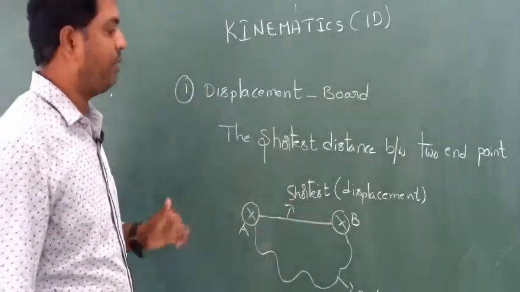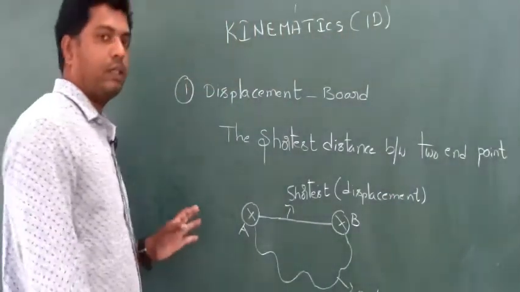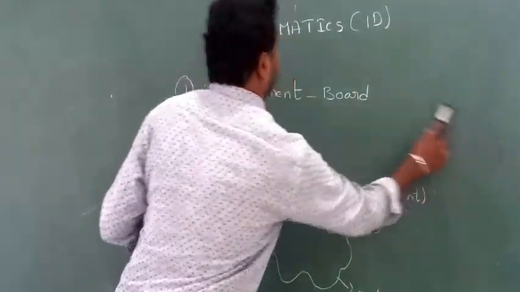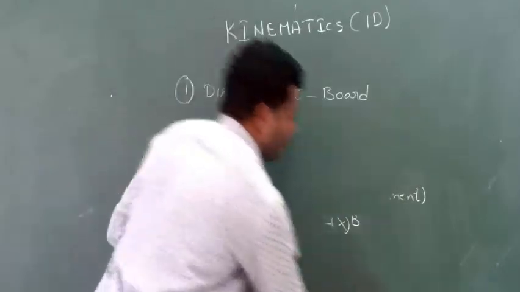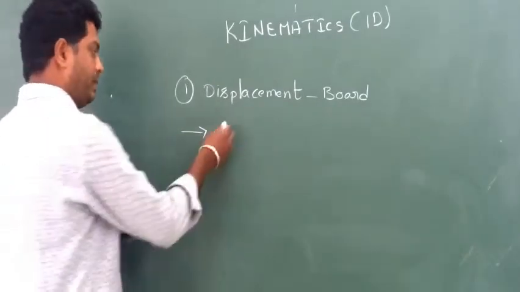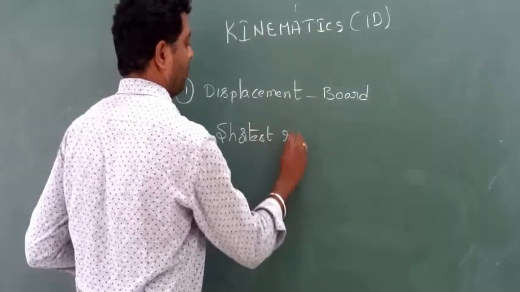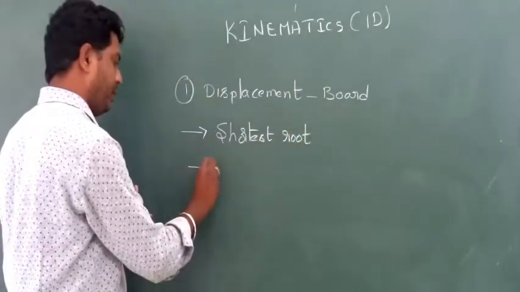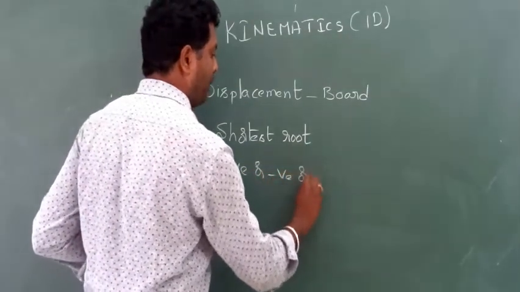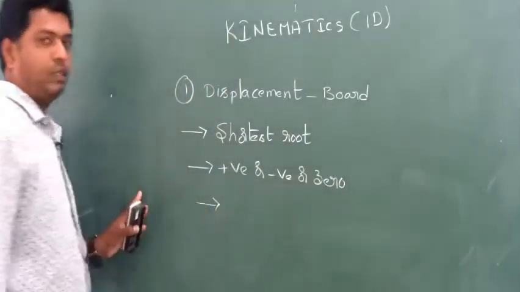Now, what are the properties of displacement? I will give you one or two examples to understand the concept of displacement. Displacement is the shortest route. Displacement may be positive, negative, or zero.